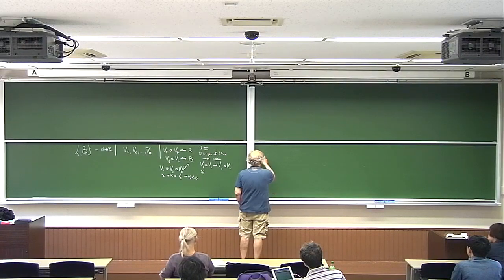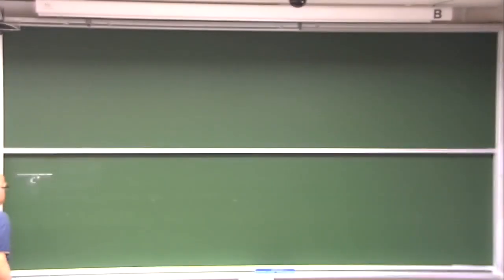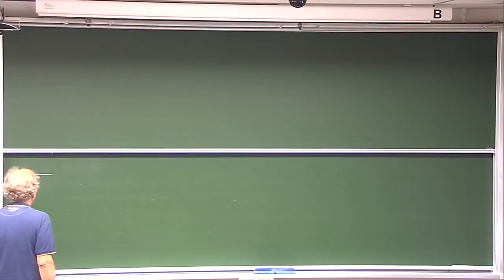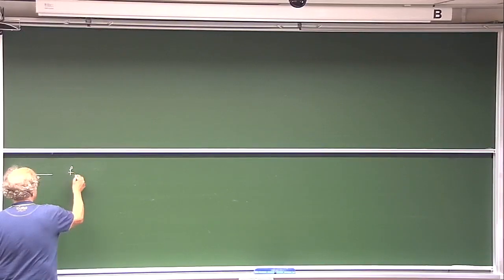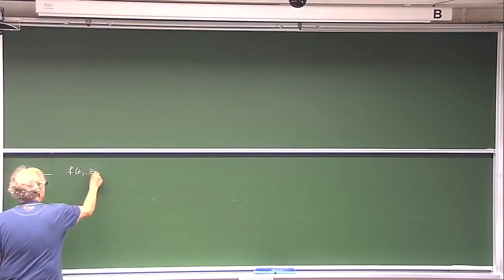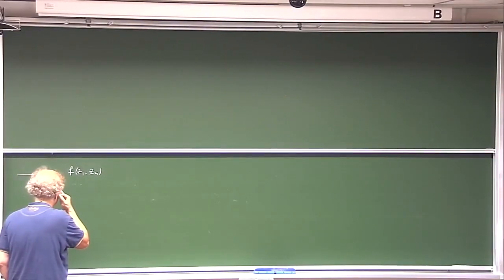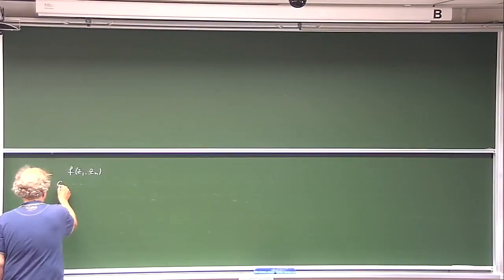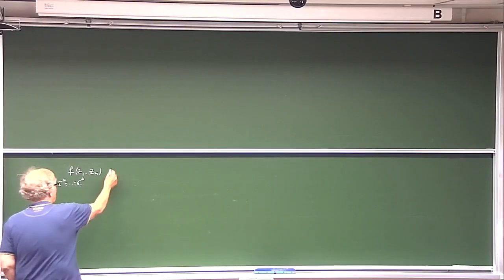We always worked with C star and functions on C star. So the objects in our shuffle algebra will be symmetric functions with some properties, poles maybe, and so on, with conditions on C star times C star.